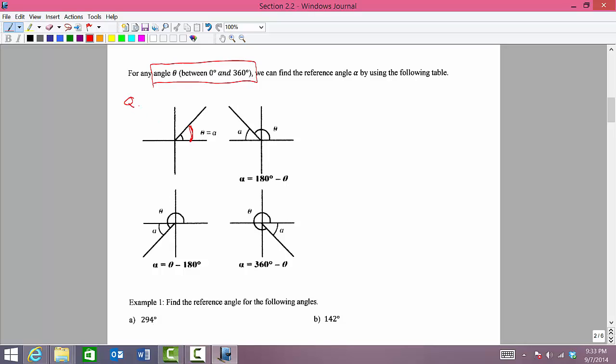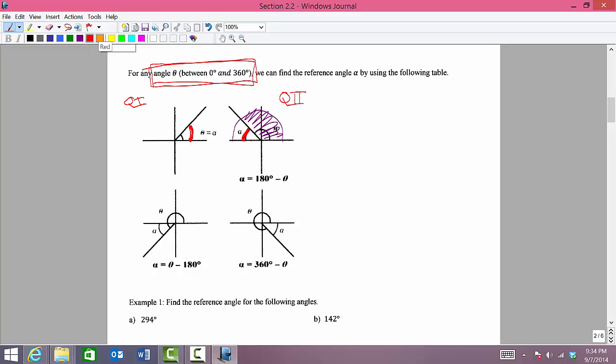If our terminal side lays in quadrant 1, then if our angle is acute, remember we're talking about angles between 0 and 360, if we have an acute angle that lays already in quadrant 1, then the angle itself would be the reference angle. If we have an angle that lays in quadrant 2, then we want to find the distance here. So we want to take 180 degrees, which would be a half rotation, and subtract off the portion that we don't want. So we will actually want to do 180 degrees minus the original angle, and that will give us our reference angle.